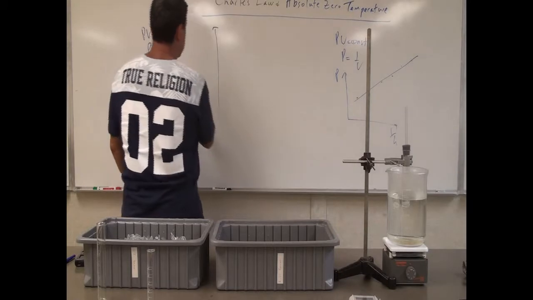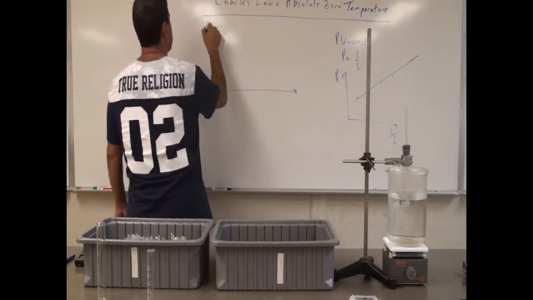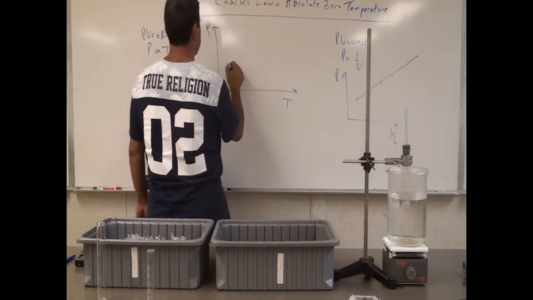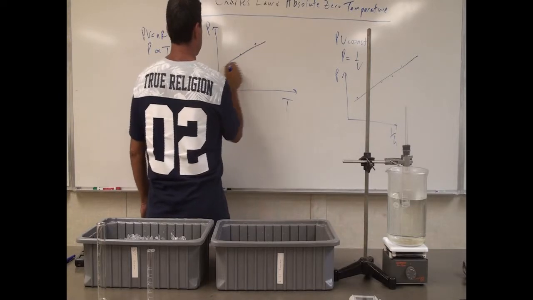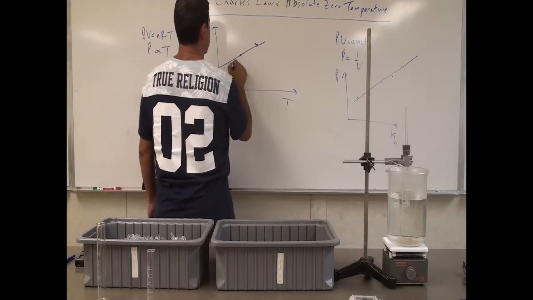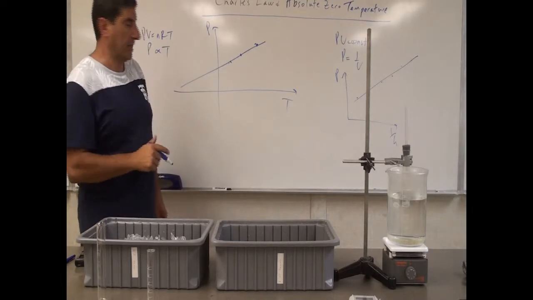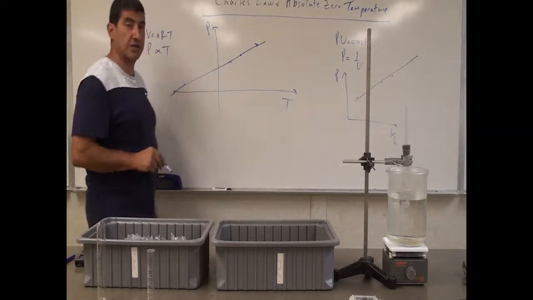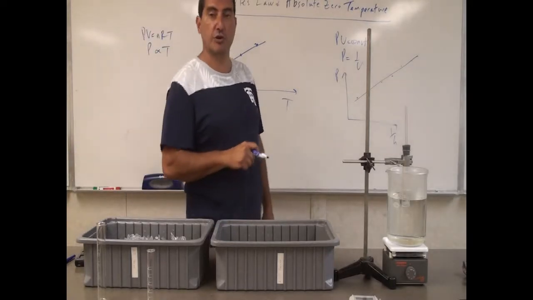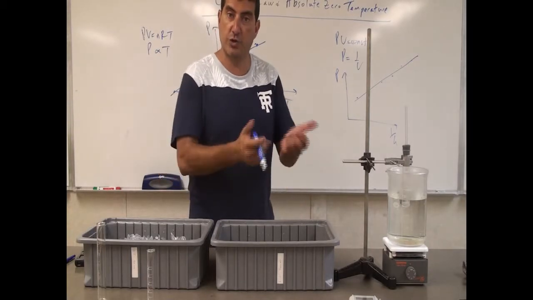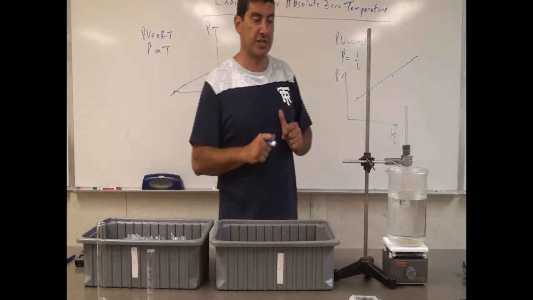In that demonstration, I graphed P versus T, and I got 3 data points. Then I proved that those points give me a straight line, and I extrapolated it backward and got the temperature for absolute zero. It ended up being a very good result compared to what is expected. So let's see how this lab goes.